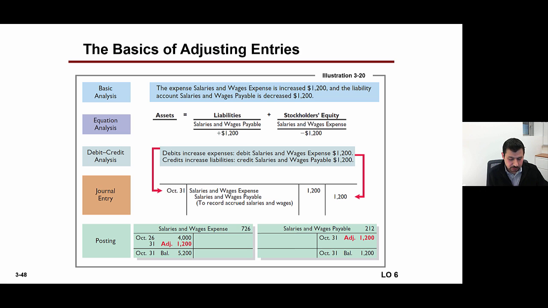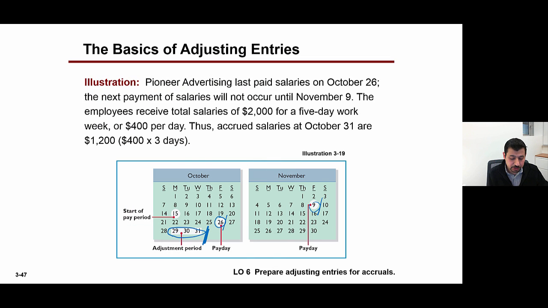So we debit salaries and wages expense. This is to record the salaries that have accumulated before the end of the accounting period. Basically, what we are recording is the salaries that have accumulated between the last payday and the end of the accounting period. If we had a 4th day here, it would be calculated.